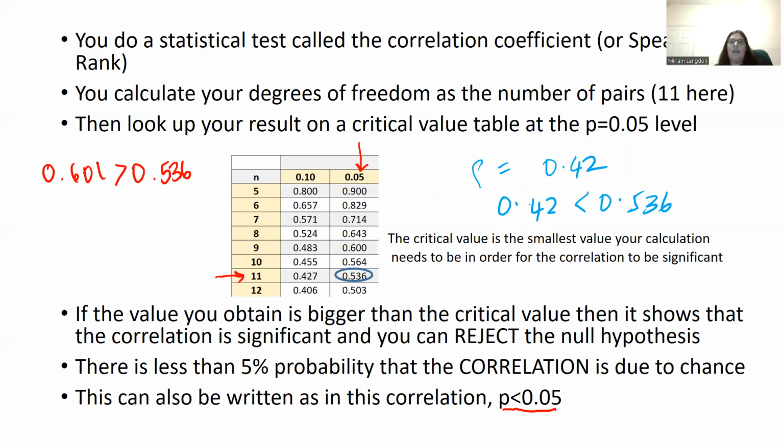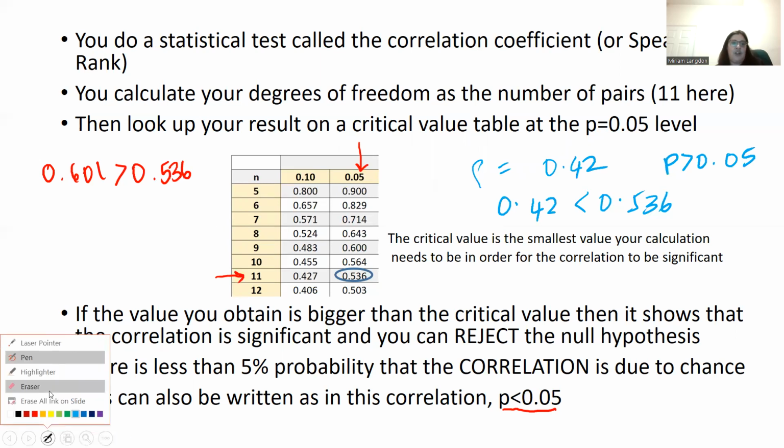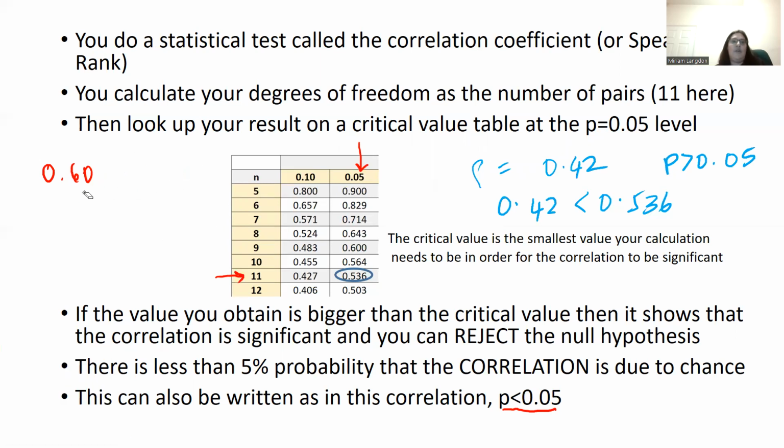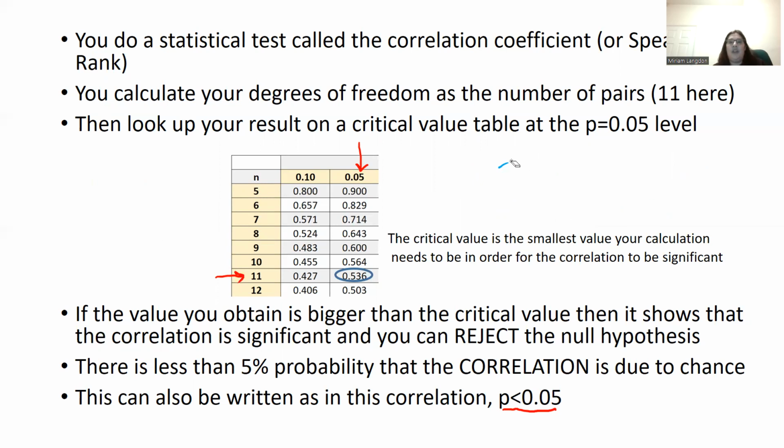I need to accept my null, and there is more than 5% probability that the correlation is due to chance, and that would be written as P is greater than 0.05. So either possibility could happen, and you need to consider what your value is and compare it. Again, often in the exam, they give you the p-value rather than the value.